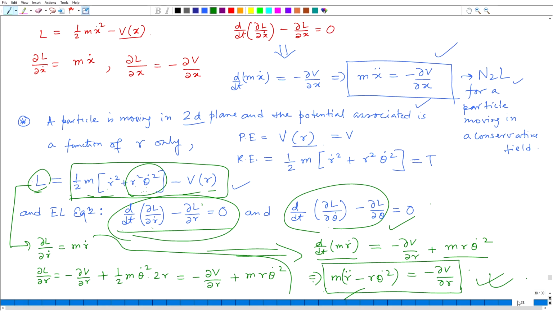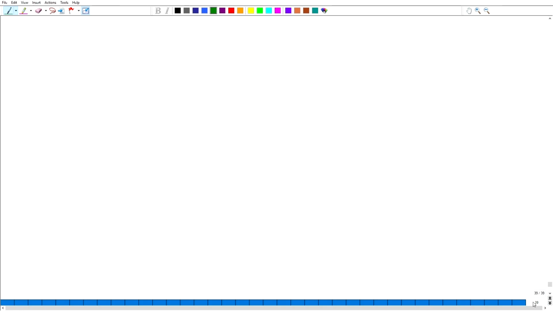I am just going a little bit into some other interesting things about this Euler Lagrange equation. Mainly in this lecture I will try to describe some properties of the Euler Lagrange equation.